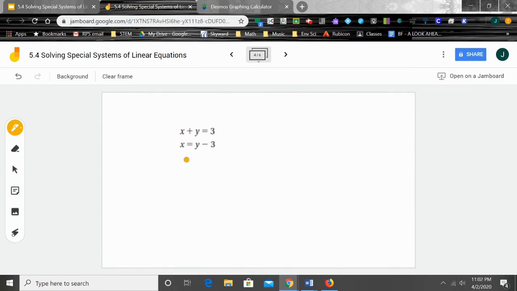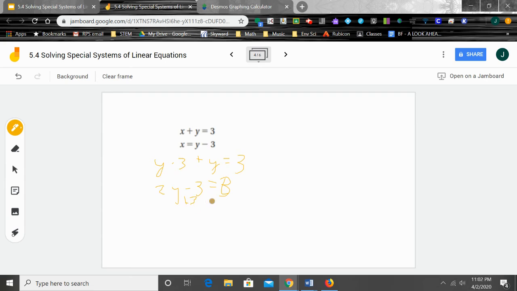So let's come here. x plus y equals 3. x equals y minus 3. Let's solve this one by substitution. We'll substitute in y minus 3 for x. So y minus 3 plus y equals 3. So 2y minus 3 equals 3.